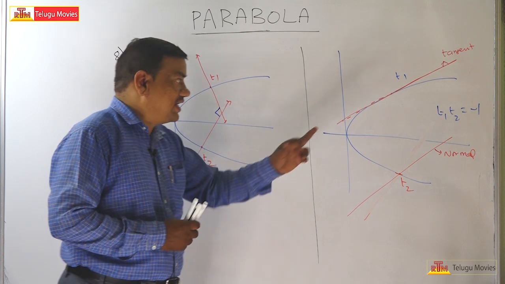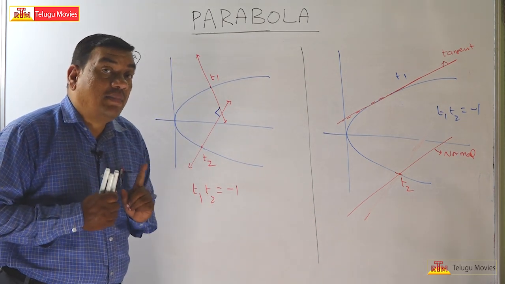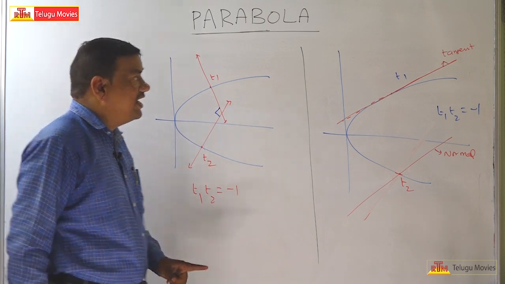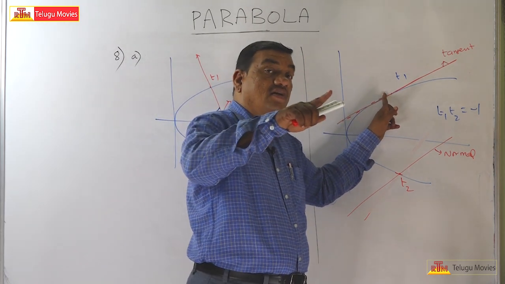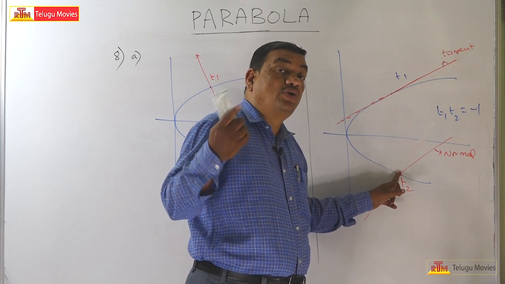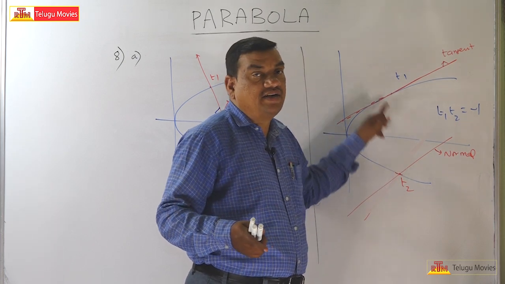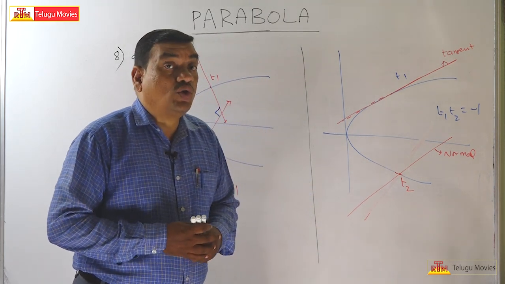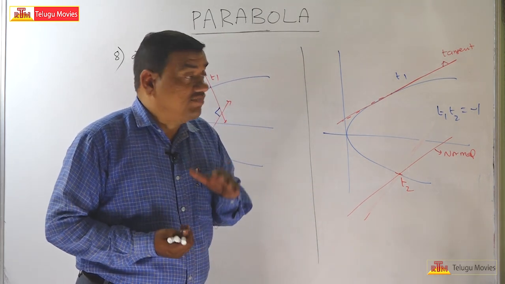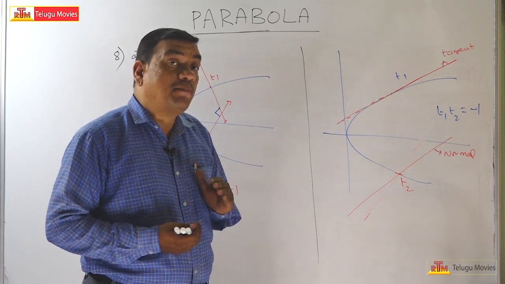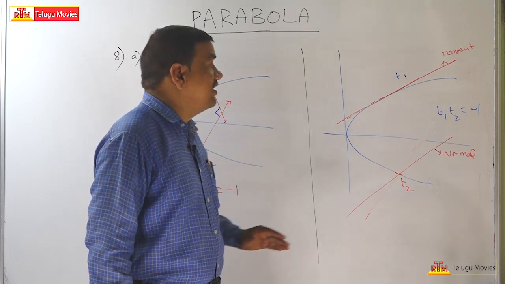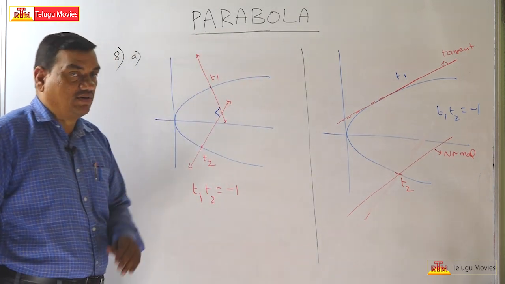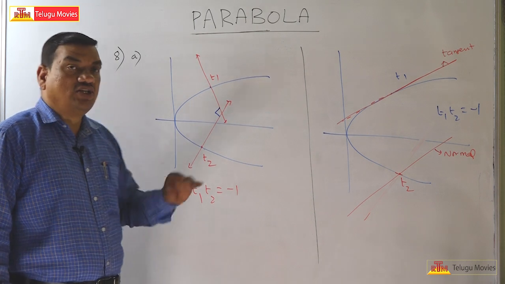But observe here, in the first case both are normals perpendicular to each other, but here it is a tangent at t1 and a normal at t2, and these two should be parallel. For a tangent and a normal, there is no such rule otherwise. If this tangent and normal are parallel, then the relation between t1 and t2 is t1 into t2 is equal to minus 1. Okay, I hope that you understand these two concepts.